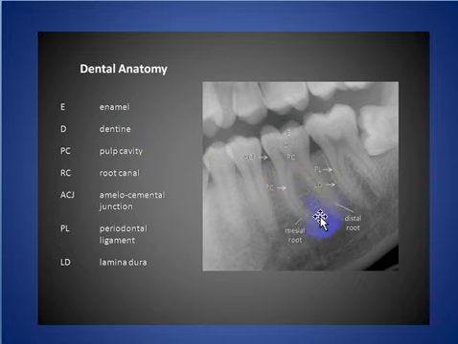We have the root, and this is the distal root, and the root canal is surrounded by the cementum, the radiopaque. The cementum is surrounded by a radiolucent layer, the periodontal membrane, and the periodontal membrane is surrounded by a thin radiopaque line, the lamina dura.